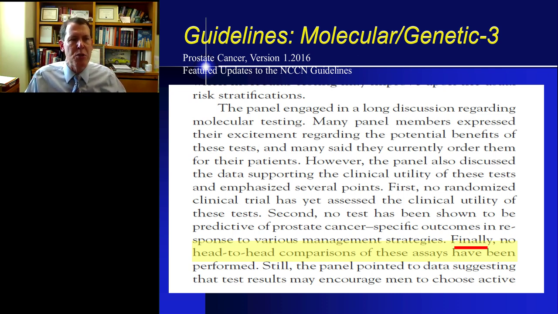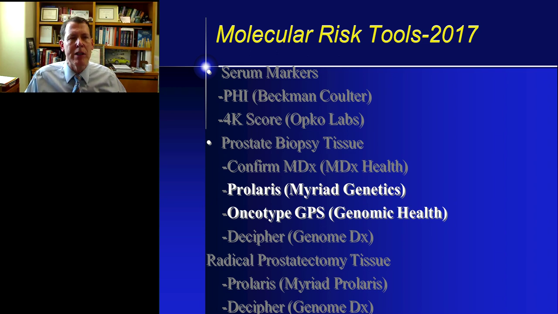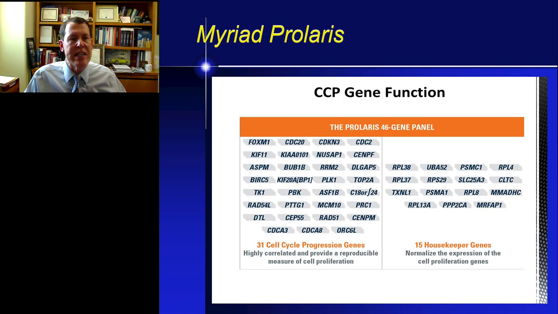So with that, let's just spend a couple of slides on Prolaris and Oncotype. So Myriad Prolaris generically is referred to as the CCP gene function test. Obviously, the commercial name is Myriad Prolaris, but if we're referring to this generically, it's the CCP gene function test.